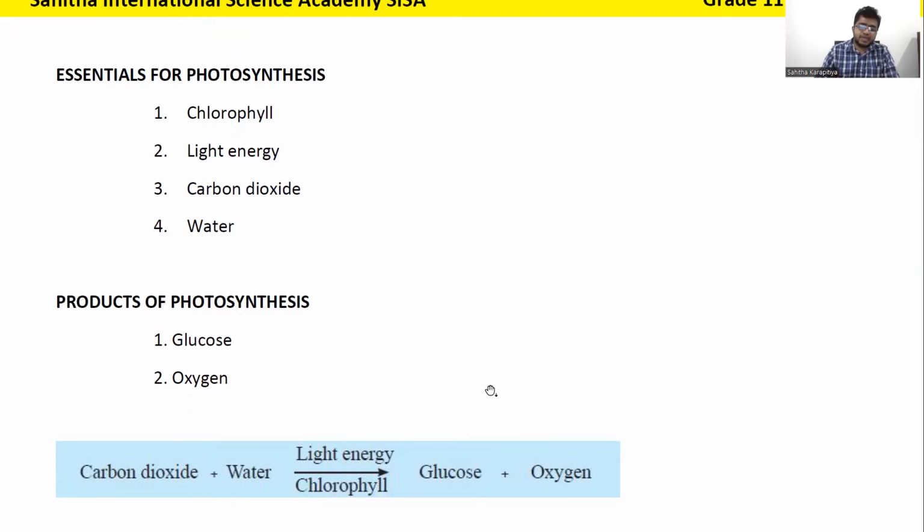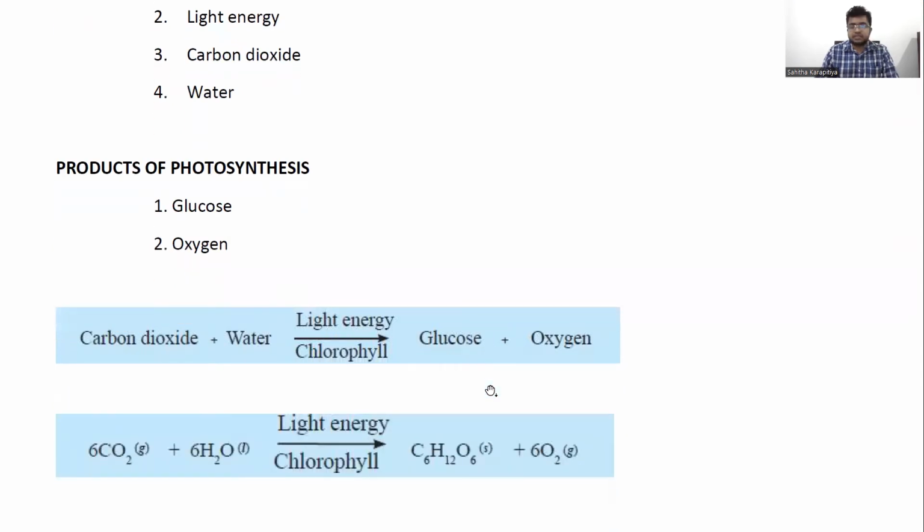Well, we can show this reaction, this process, using equations. We can use word equations as well as chemical equations. If you write a word equation for the photosynthesis process, it's carbon dioxide plus water, with light energy captured by chlorophyll containing cells, produces glucose and oxygen.